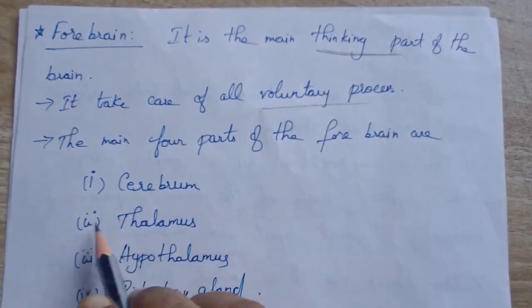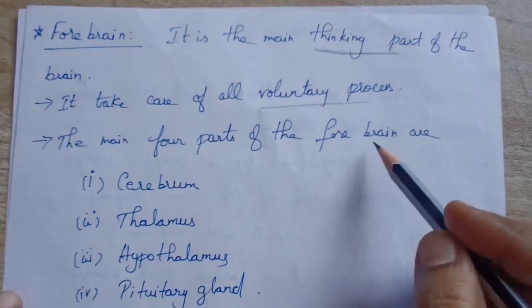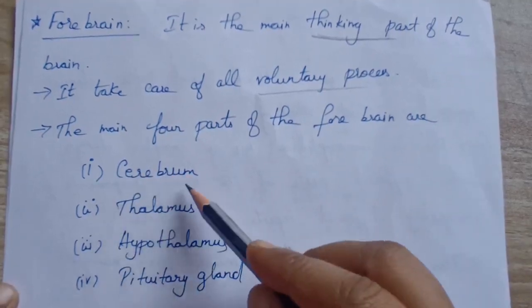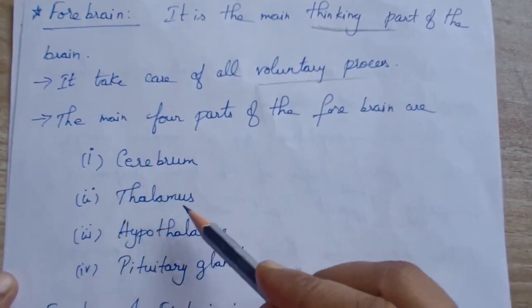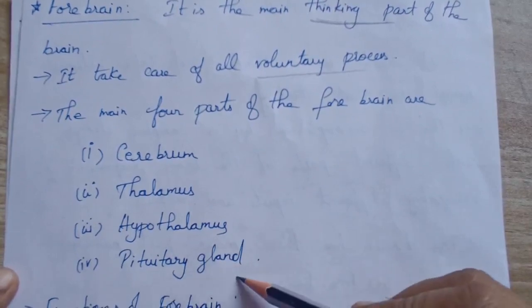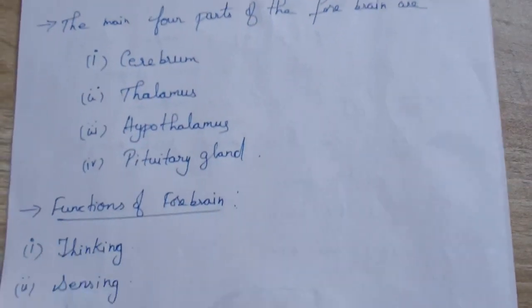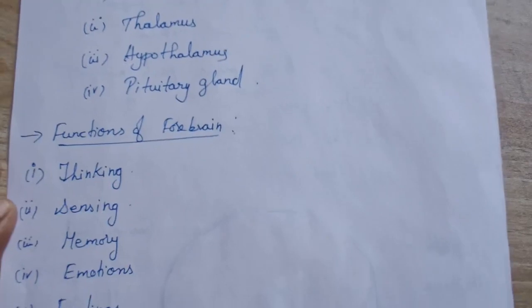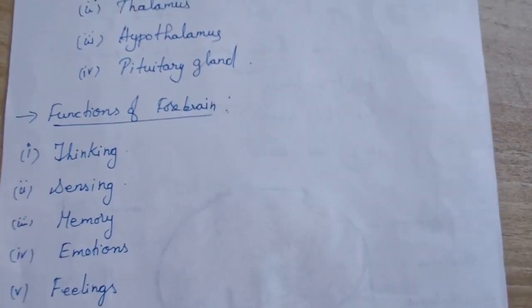The main parts of the forebrain we are seeing are the cerebrum, thalamus, hypothalamus, and pituitary gland. The main functions of the forebrain are the thinking process. All the thought processes take place only in the forebrain.